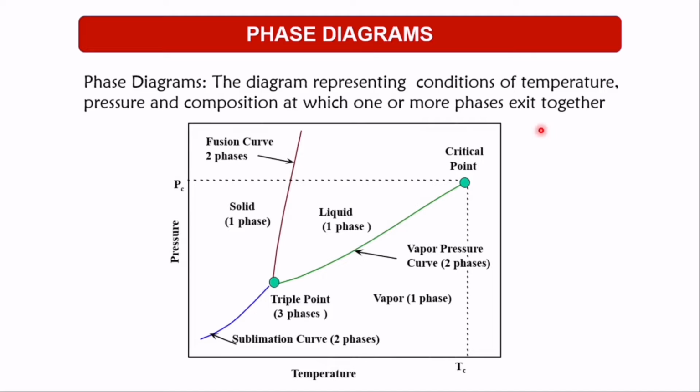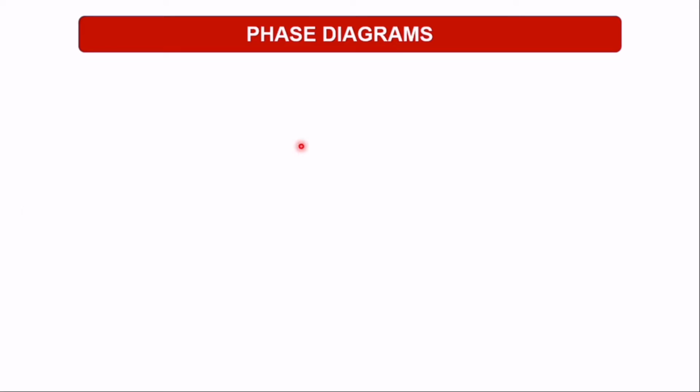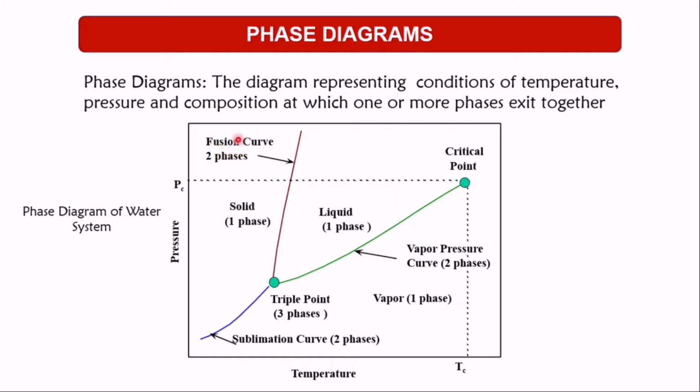Now, this is the phase diagram of water. As you can see, how many phases do we have here? We have three phases: the liquid phase, the solid phase, and the vapor phase. When we take this fusion curve, we know it has two phases, the solid phase and the liquid phase.